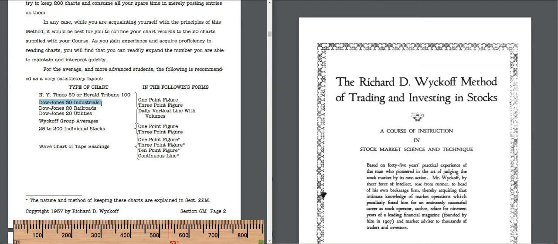These are just different types of charts. So the group averages, the sectors. What is this saying? This is the SPY nowadays. This is the sector spiders, right? Industrial, utility, whatever. Then these are the industry groups, and then 25 to 200 stocks, and wave chart of tape reading.